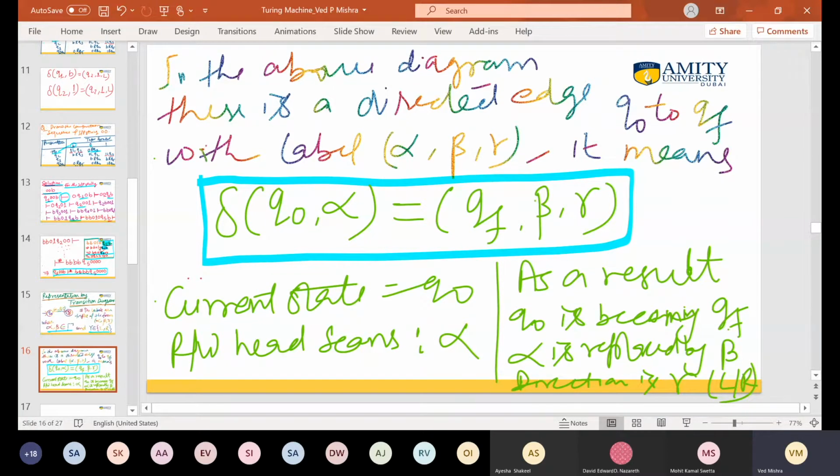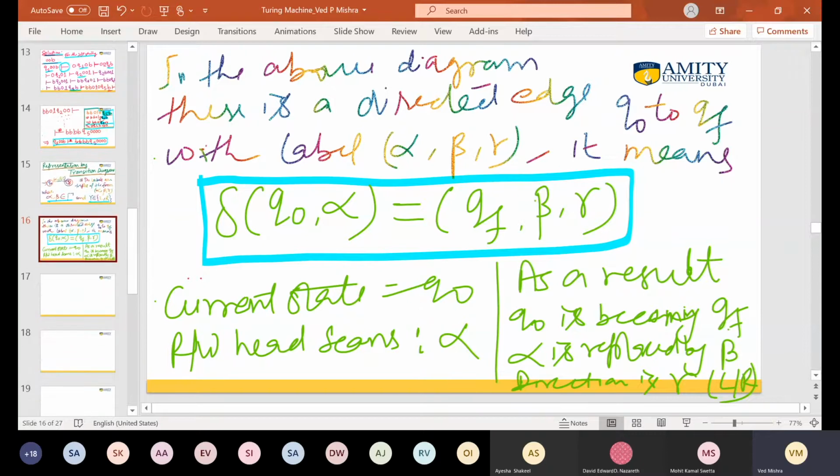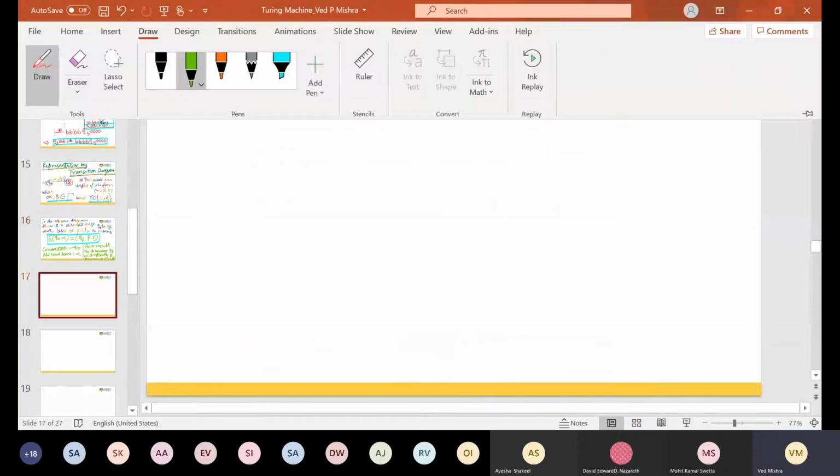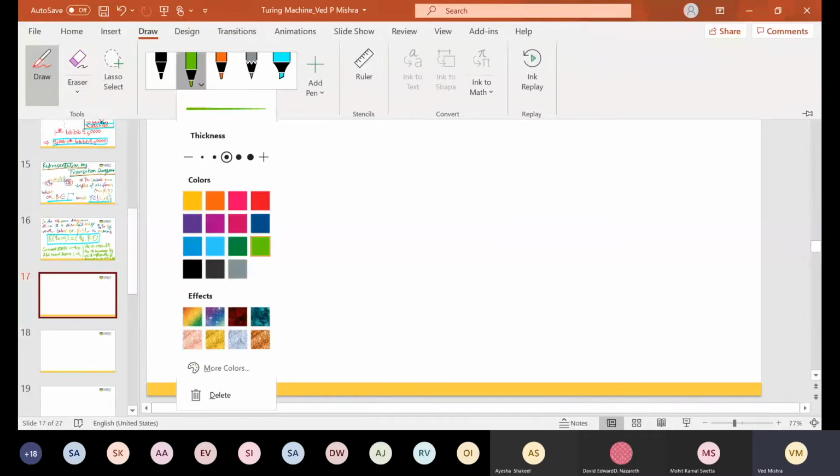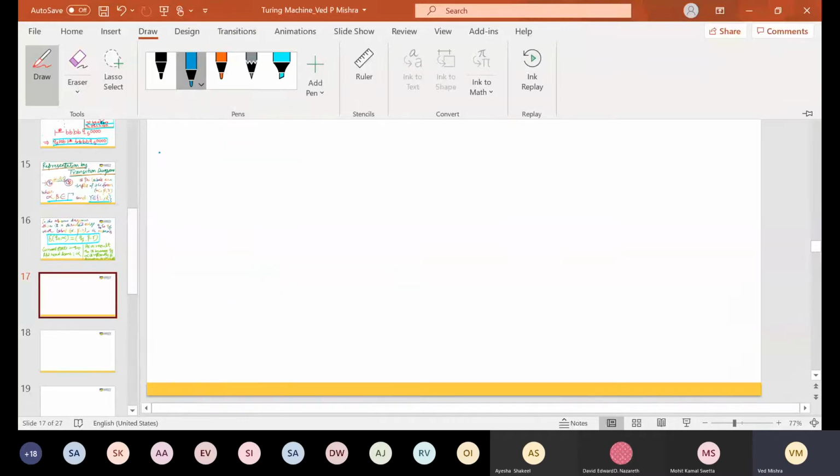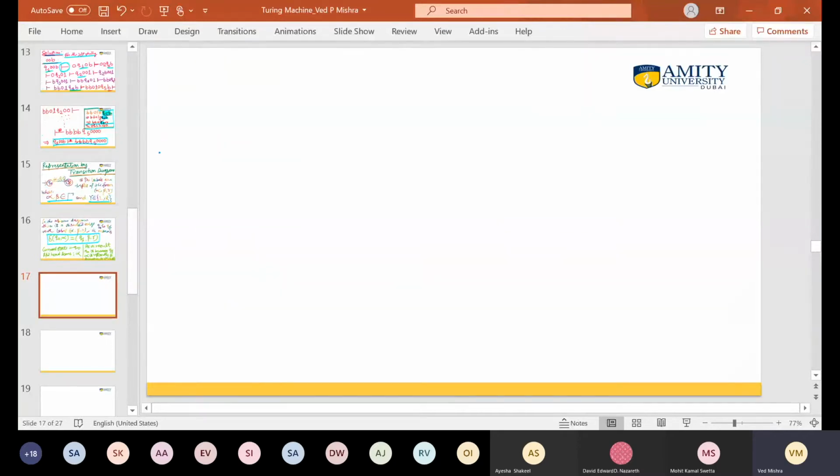Hope you understood this. Any confusion about what it means and how we will label the transition diagram? Okay, I consider that there is no confusion. Now I will draw one example. Can you go to the previous slide?